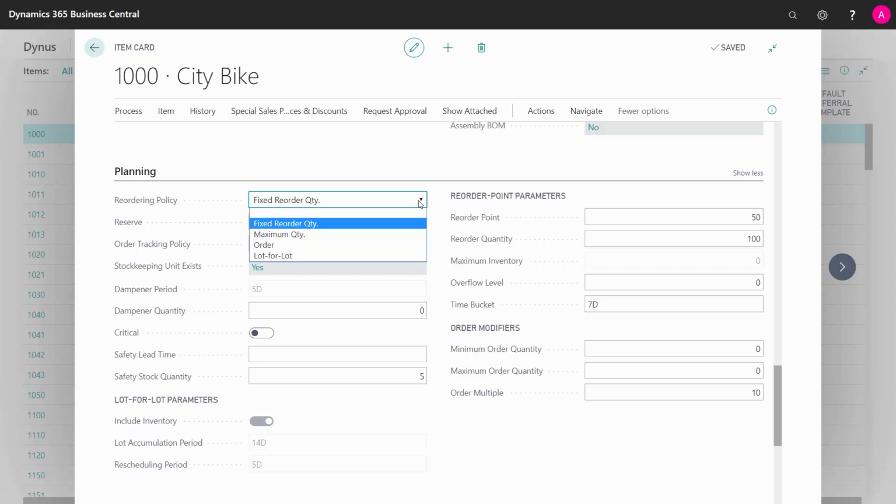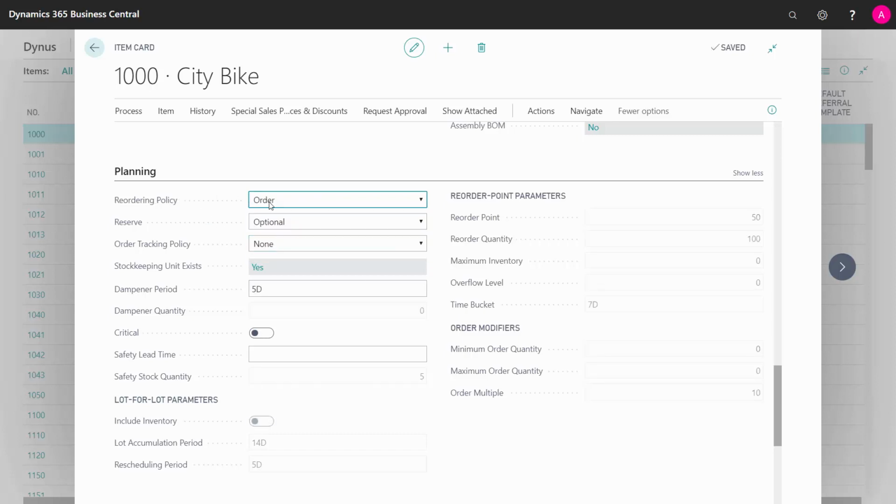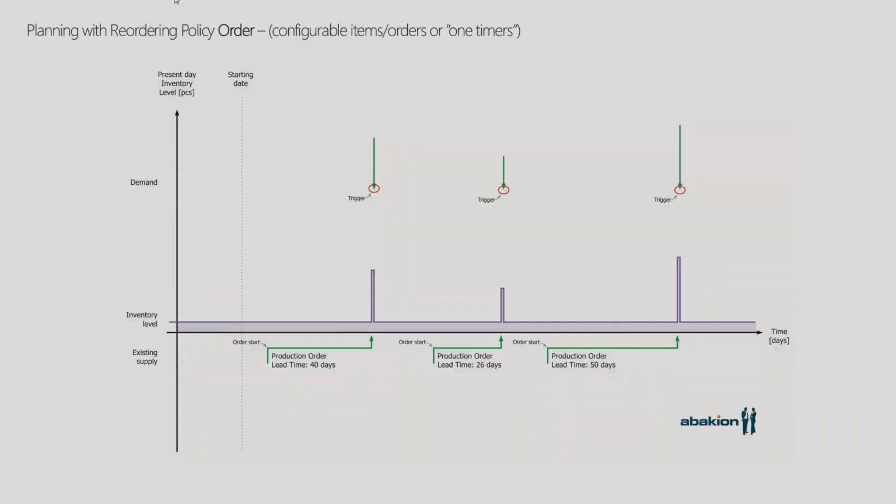So let's start with the simplest one to understand first, which is the reordering policy order. And we will take a look at how that looks. So planning with reordering policy order is normally used for configurable items or orders or one-timers. That means if you make items specific to a sales order or specific to a demand and it needs to be configurable or specific, you need to do it, of course, in the exact quantities that is on the order.